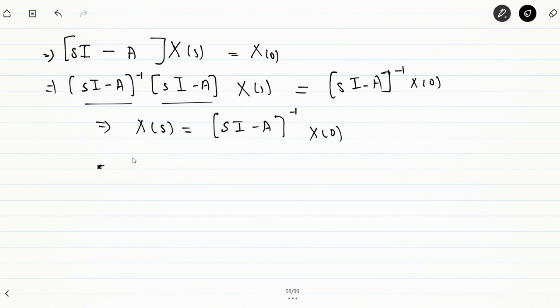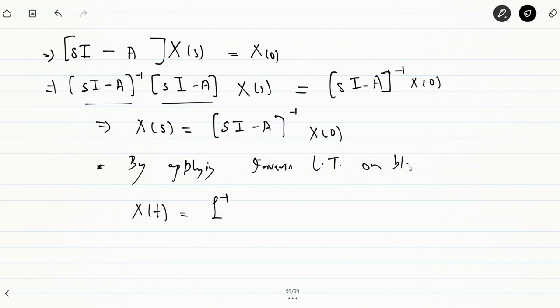Which implies, by applying inverse Laplace transform, as we apply it on both sides, x of t is equal to Laplace inverse of sI minus a inverse, which is in the s domain, while x0 is a constant term, but you have to post multiply it with x of 0 because this is a matrix.